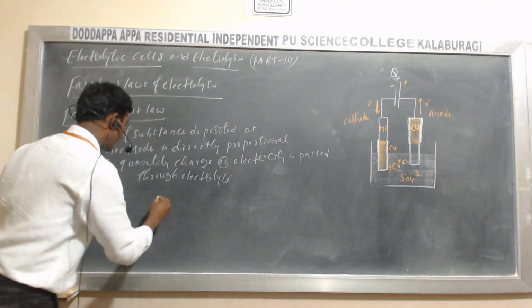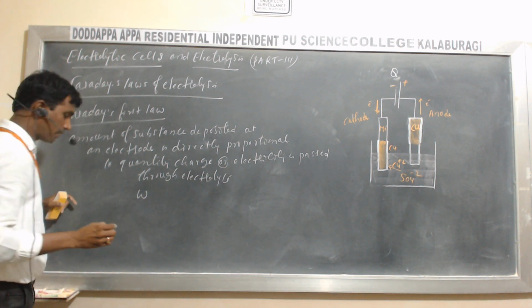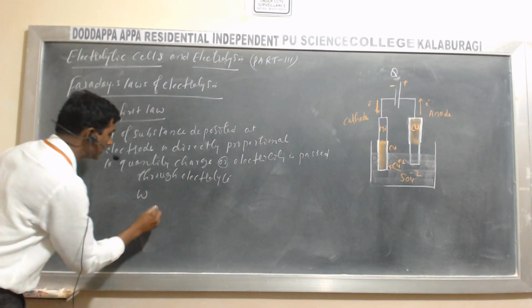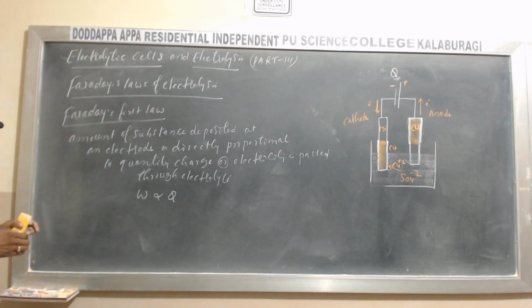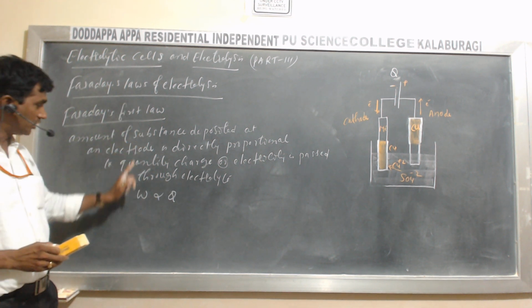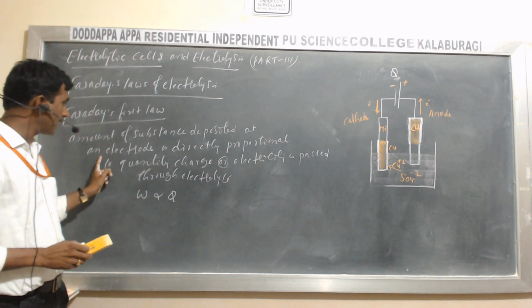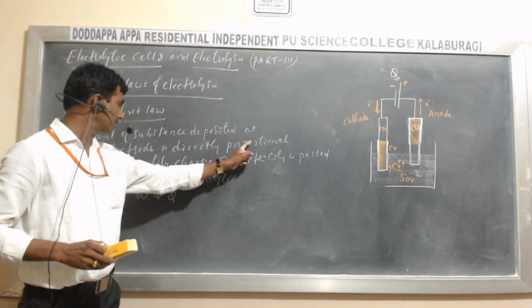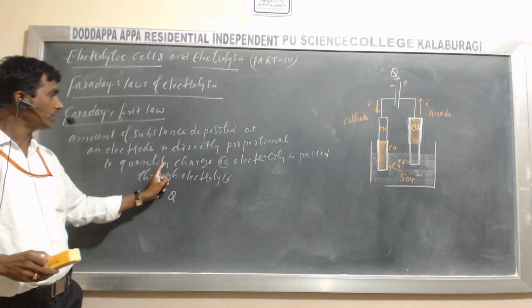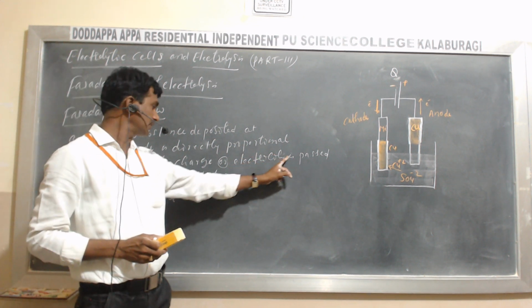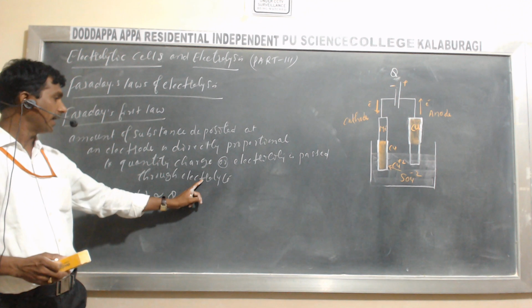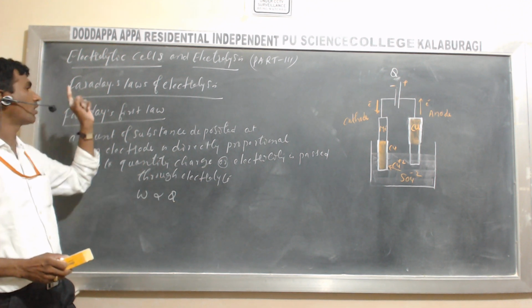W is the mass of substance, and Q is the quantity of charge supplied.